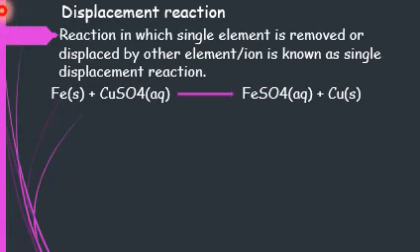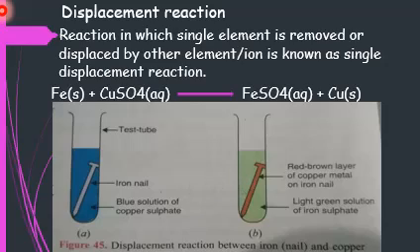Now, if we see this diagram, it will be more clear to us. In the first test tube, blue colored copper sulfate solution is taken and one iron nail is dipped into it. It is left like that for 10-15 minutes. After that, if we observe, then we get green colored FeSO4 solution and the iron nail is coated with red colored copper.